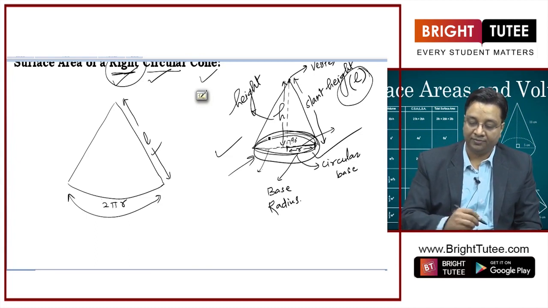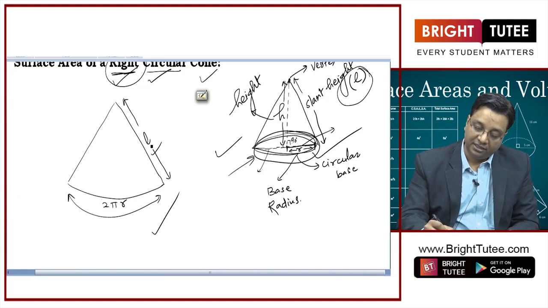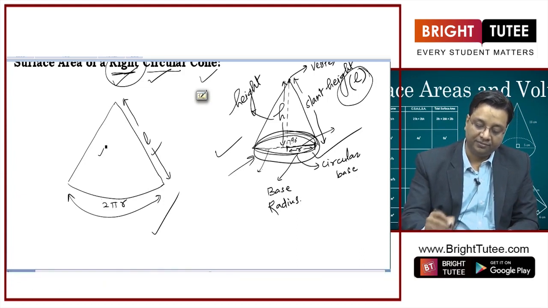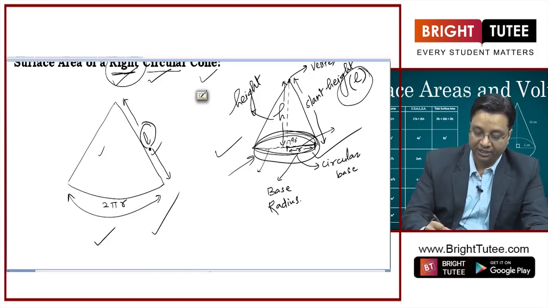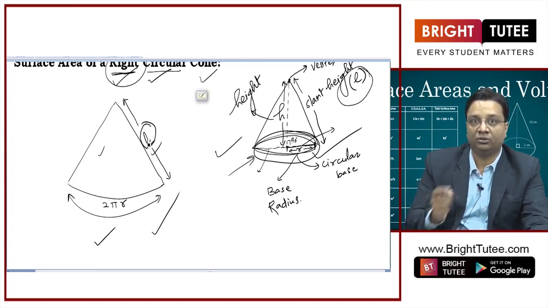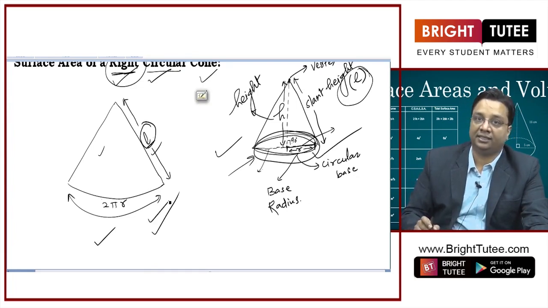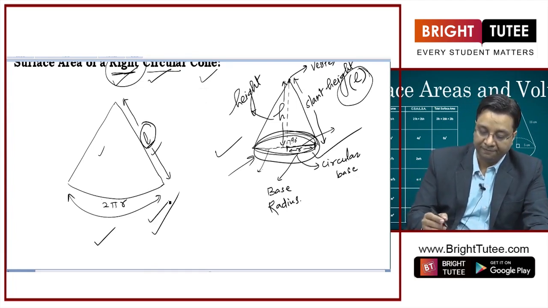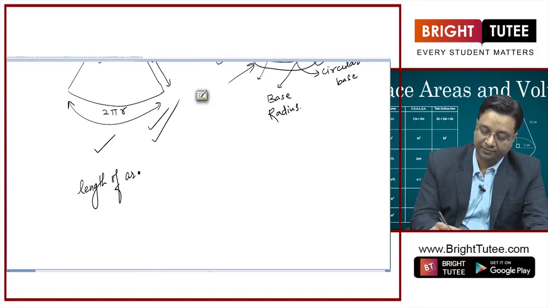This is a small circle, and this sector is part of a bigger circle, which has a radius of L. When we talk about this sector here, the radius that we will consider is L. Do not confuse the radius with R always. In this sector, the radius is L. Now, if I consider this angle as theta, tell me what will be the length of arc?